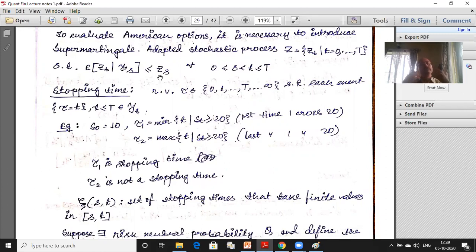So the conditional expectation of the future is at most equal to the current value, but it can also be less than the current value. So is the definition clear? Is the definition of super martingale clear? Because again, I am being informal, but this is the basic idea.